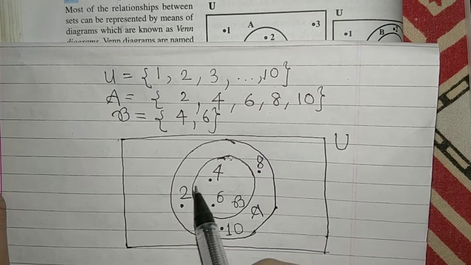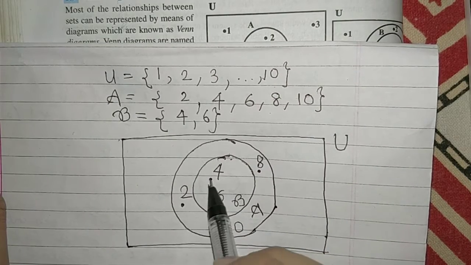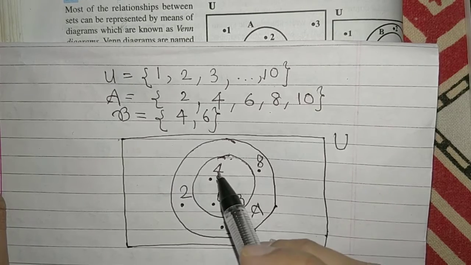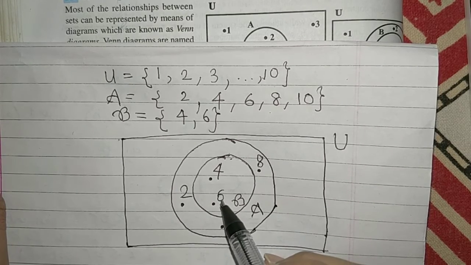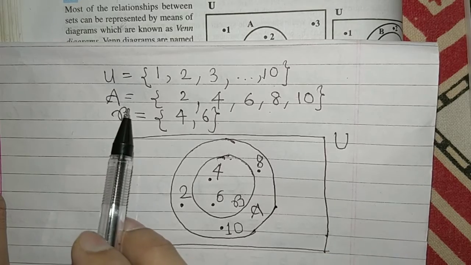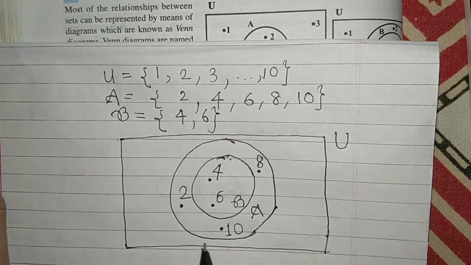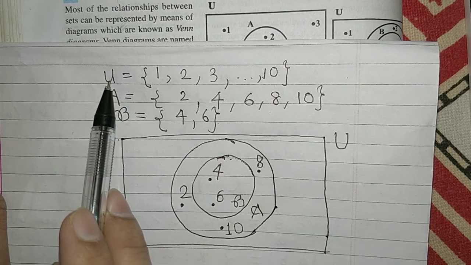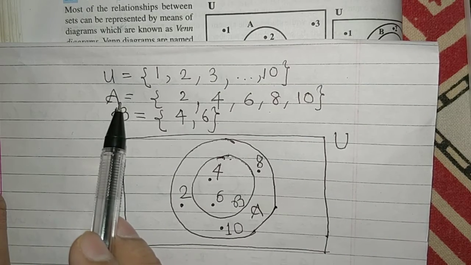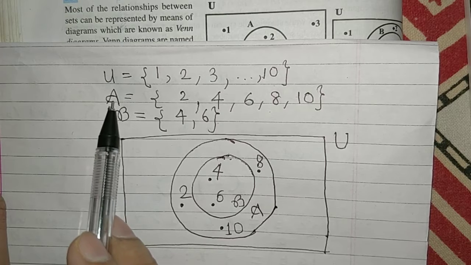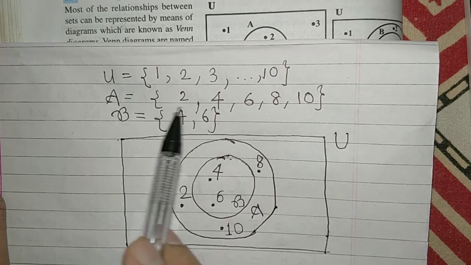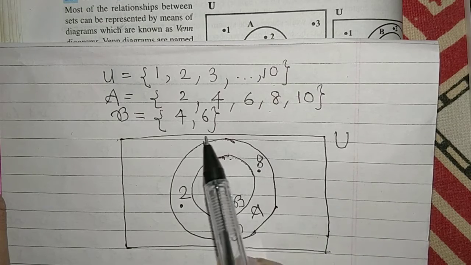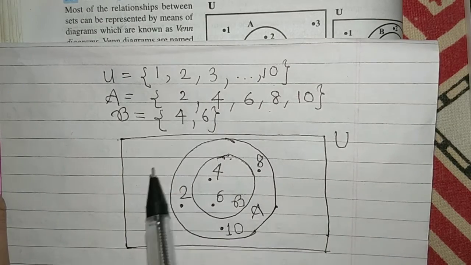Now you can see that the elements in the set A are 2, 4, 6, 8, 10, and the elements inside B are 4 and 6. Now you have drawn the elements of set A here. There are also elements in this universal set which are not in A. So you have to write all the elements which are outside the set A, outside this circle A. So what are the elements? 3 will be there.